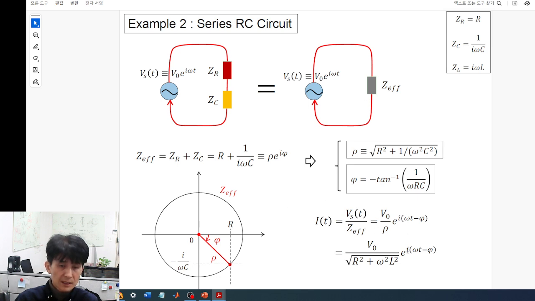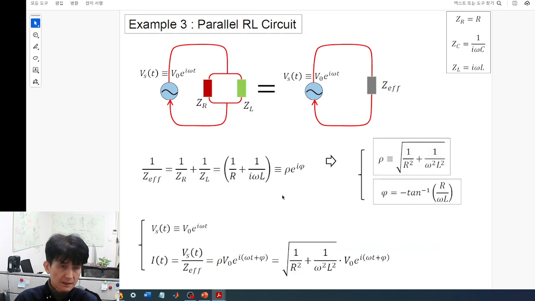Here, as we calculate I, the voltage across the resistor is just I times R. Voltage across the capacitor is I times the impedance of a capacitor, which is 1 over I omega C. So voltage across this capacitor is 1 over I omega C times this current. That's the voltage across VC. So we can calculate that as well.